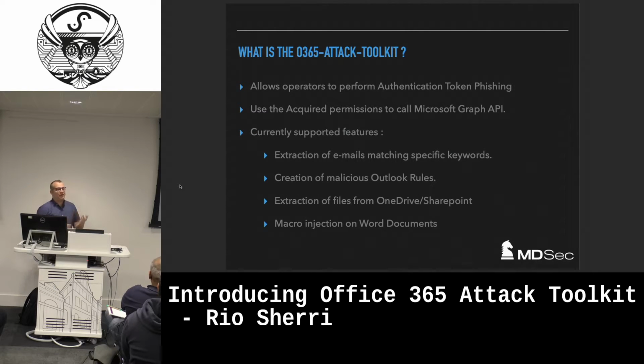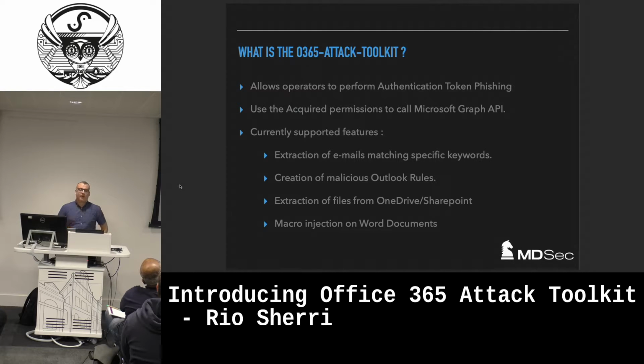So now we have a good understanding of the methodologies this tool uses. So what is Office 365 Attack Toolkit? It is a tool developed in Golang, which allows operators to perform authentication token phishing.